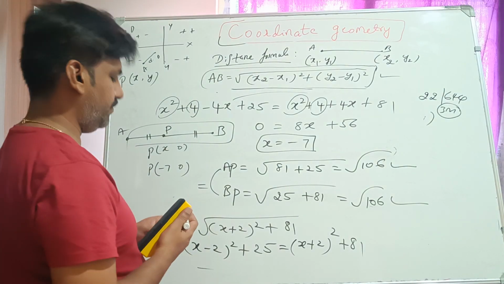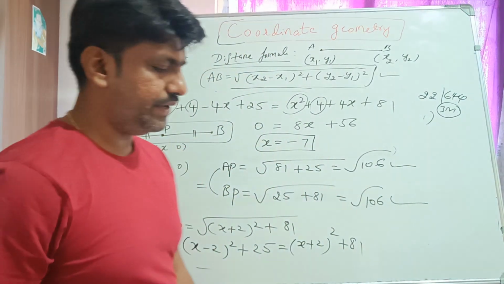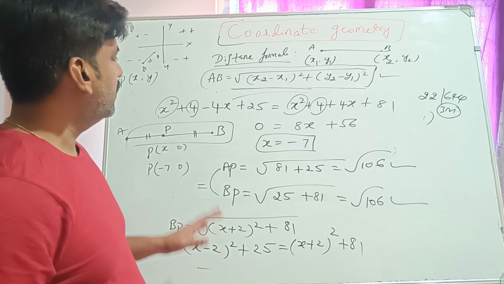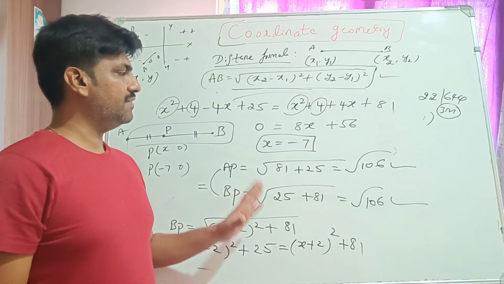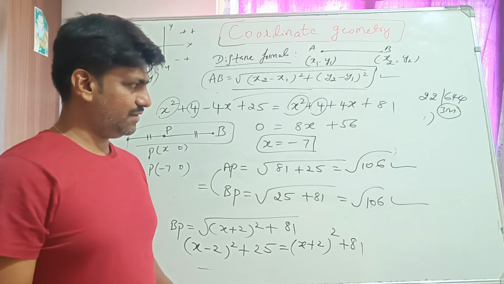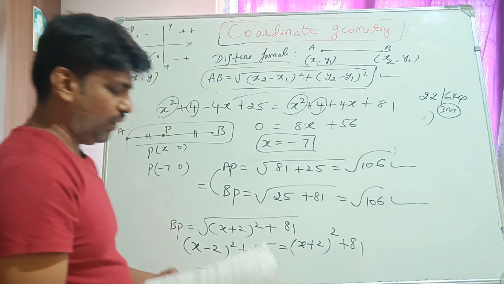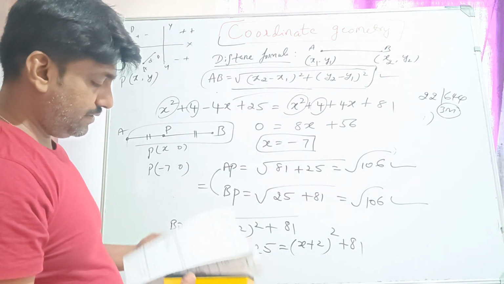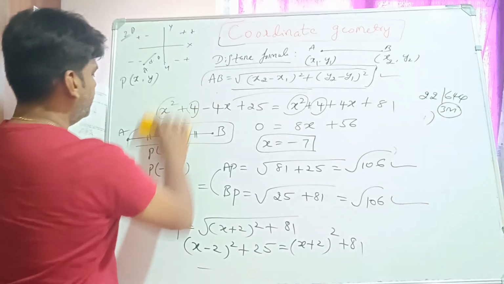They have asked this for how many marks? It is asked for a 3 marks question in the 2022 GPSTR. Okay. So this is the introduction to coordinate geometry, followed by how exactly a 3 marks question is asked. I will solve one more problem, which is a 1 mark problem that appeared in the same question paper. We will see that it is not that complicated, it is a very simple one.